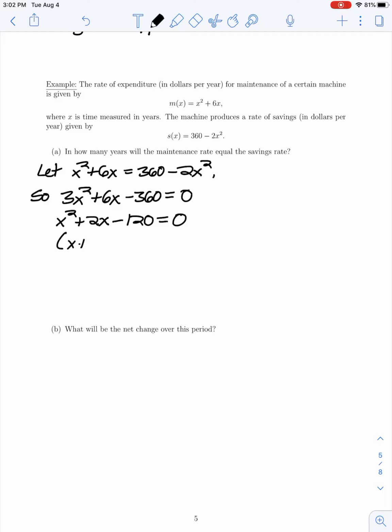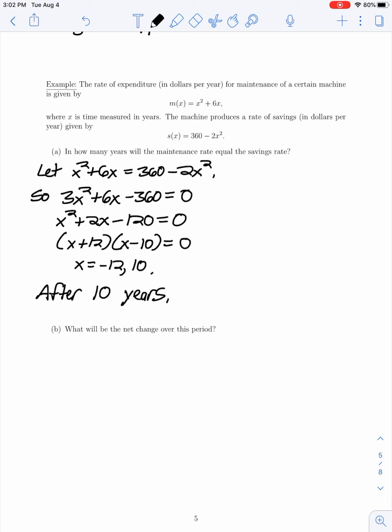And this can be factored as x plus 12 times x minus 10 is 0. So x is either negative 12 or 10. But here, since x is time measured in years, it can't be negative. So we would say after the only positive value, which was x equals 10 years, the maintenance rate would be equal to the savings rate.